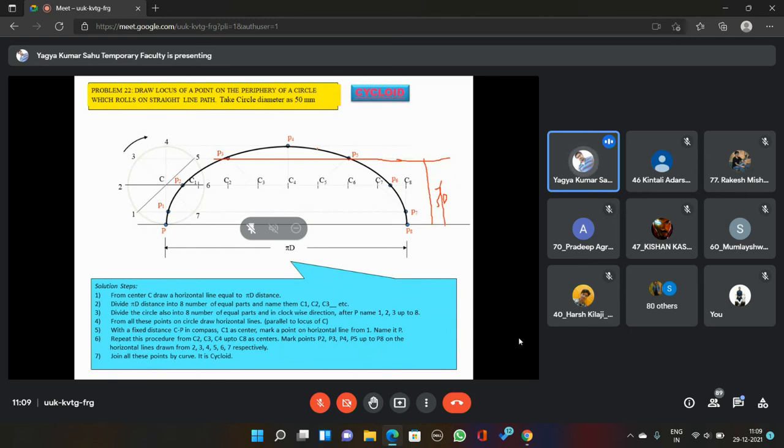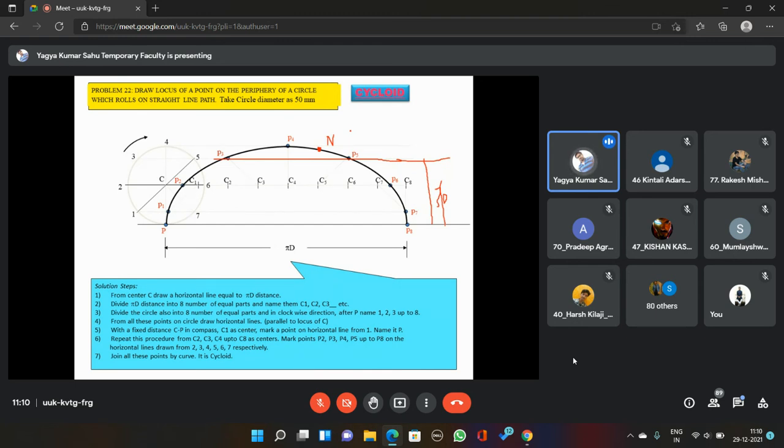Suppose I am taking another point so that I can explain the process of drawing tangent and normal. Say this is a point N, where we want tangent and normal, which is say 38 or 35 from the baseline. Now, how to draw tangent and normal?